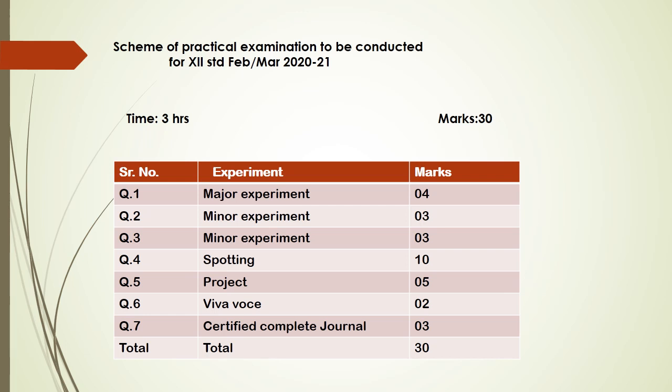It is definitely your duty to complete it on time, get it certified and submit it at the time of examination. That is a must. And definitely you can aim for these 30 out of 30 marks. I don't think anything is difficult out here. Only your sincerity and presence of mind will be important. So being physically and mentally present in the lab at the time of examination will be a plus, right?